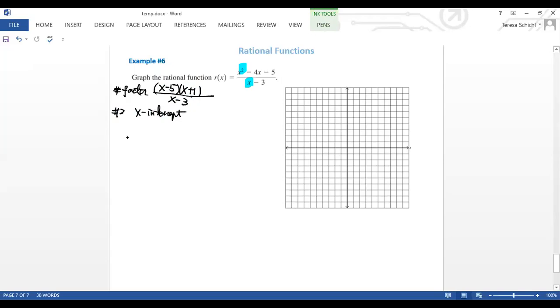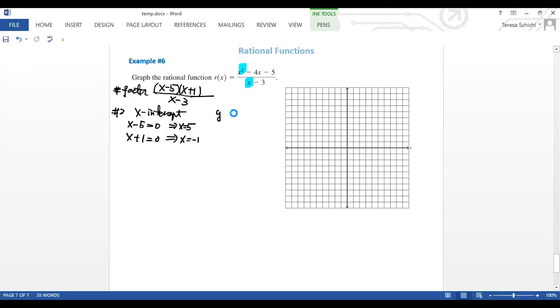So x minus 5 equal to 0 gives x equal to 5, and x plus 1 equal to 0 gives x equal to negative 1. Those are the x-intercepts, y equal to 0.